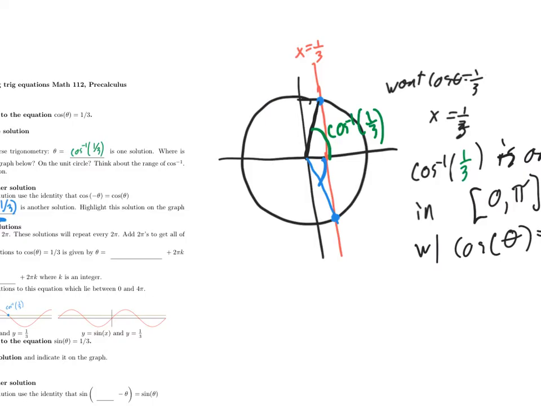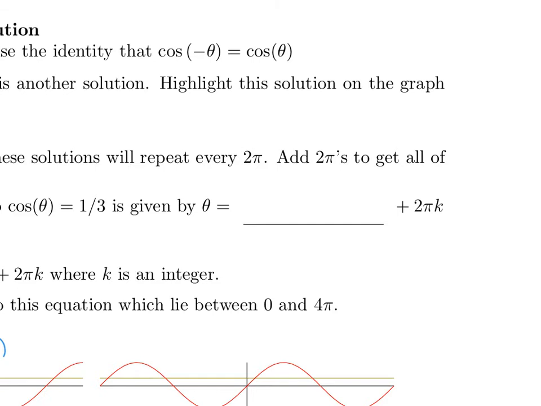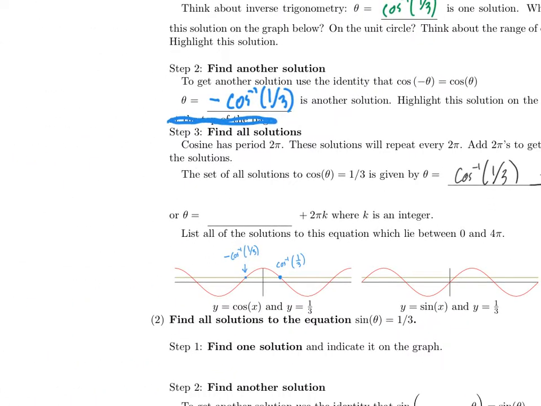So you get an infinite family of solutions by thinking about inverse cosine of 1 over 3 plus any multiple of 2 pi. The other one is given by negative inverse cosine of 1/3, again, plus any multiple of 2 pi.